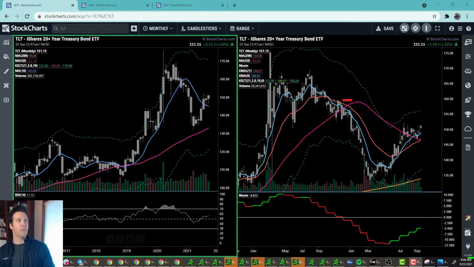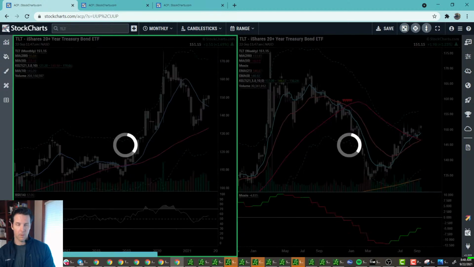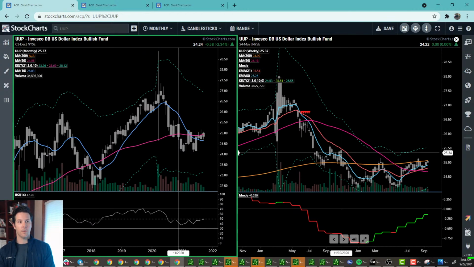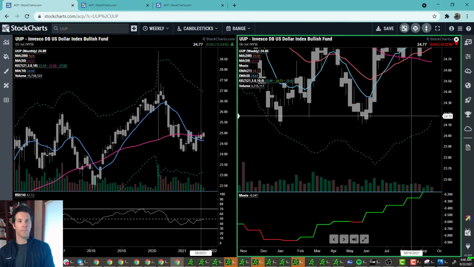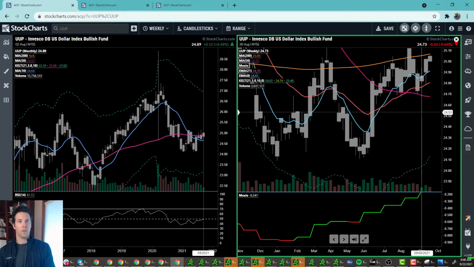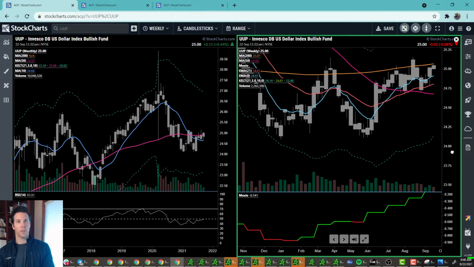And I'll show you, I think the UUP, the dollar, has been a pretty good example of what that looks like. So if we look here, you can see how the dollar came up past the weekly 50, and look, it's been holding the weekly 50.